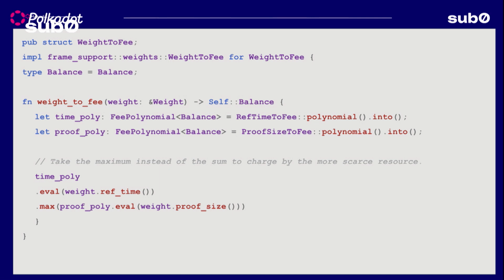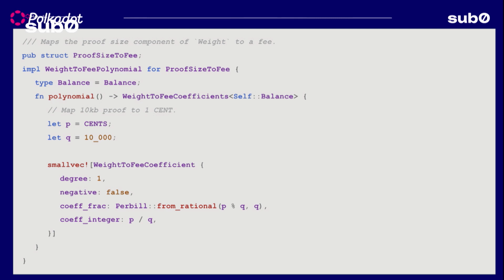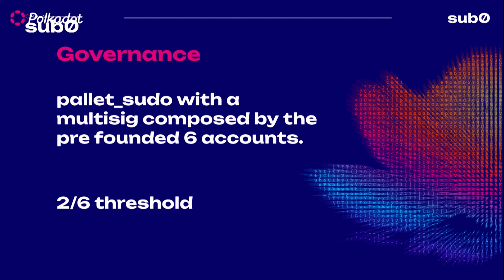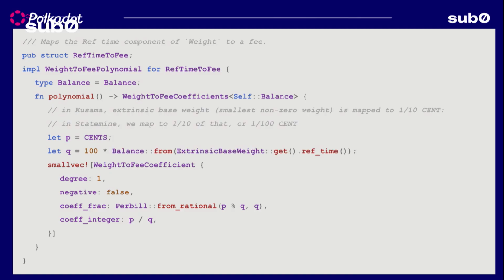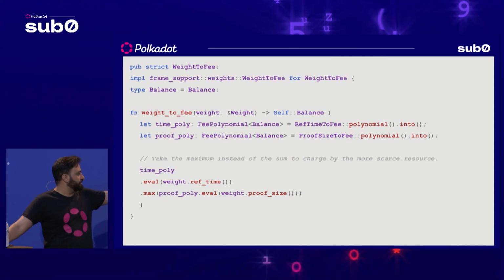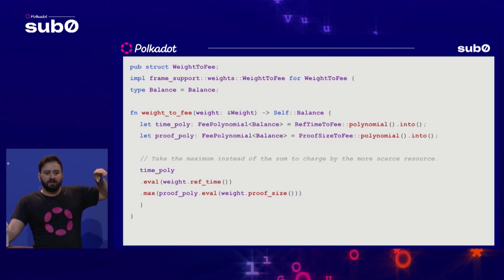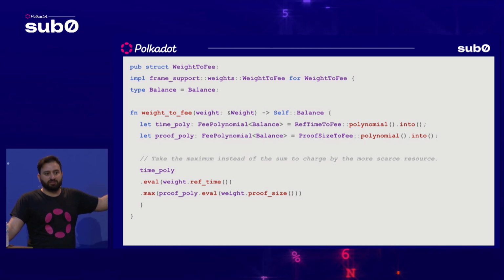And from the system chains, we got this implementation where you have one polynomial function for the ref time and another one for the proof size. And I think it was right here, yes, basically if you see here the time poly, you have the evaluation. The one which is bigger is the one that is prioritized for charging in the fees.